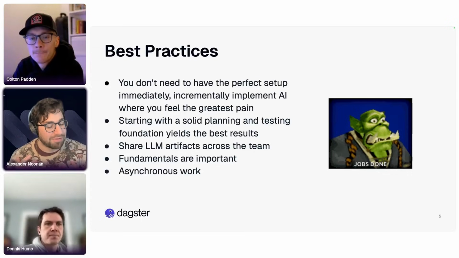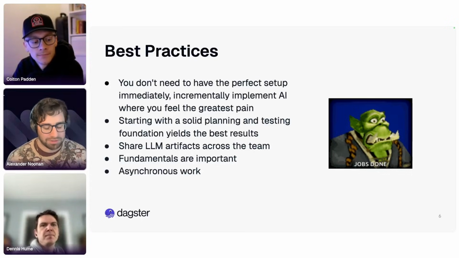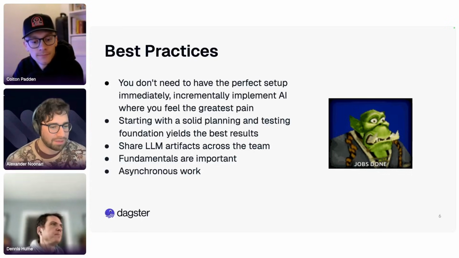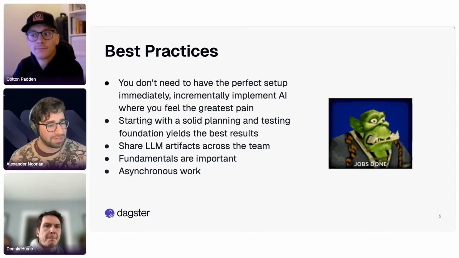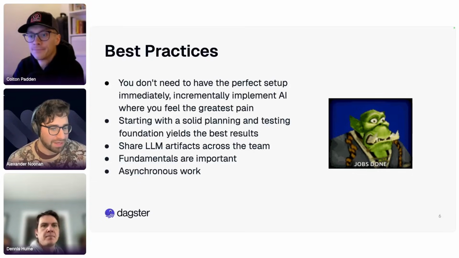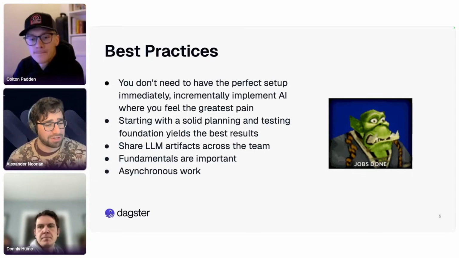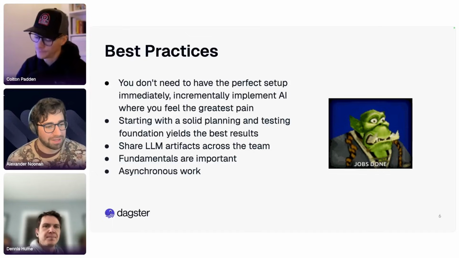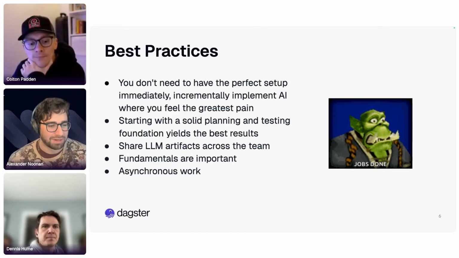And then of course, if you have a Claude artifact or skill or agents file that works really well for you, share it across your team so they can benefit from it as well. And the fundamentals of software engineering are more important than ever, and they will probably continue to be important.